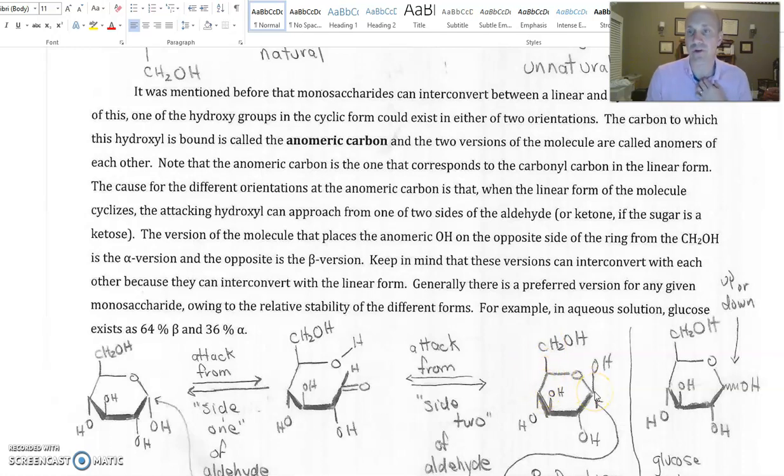But only one of the neighboring carbons is going to have that hydroxyl. So that's how you identify the anomeric carbon. And remember, one of the things that makes that anomeric carbon special is when this thing opens back up to its linear form, that anomeric carbon is the one that would either be the aldehyde carbon or the ketone carbon.